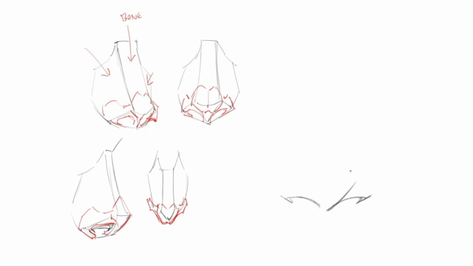And then I'll sometimes add in a little line just to describe the top of the nose bulb. And that's about it. Especially with a female character, usually I'll only define the bottom of her nose. I certainly won't define the bridge or anything like that.